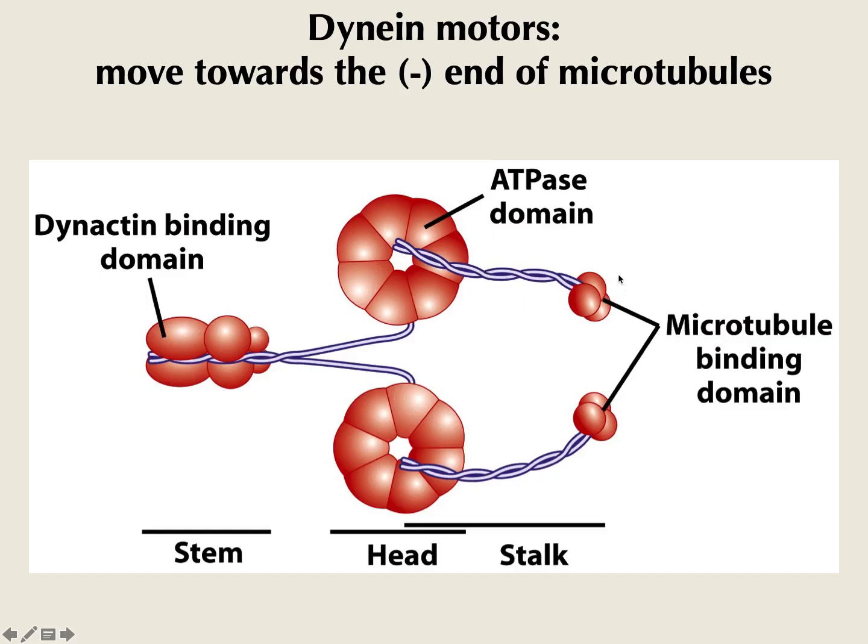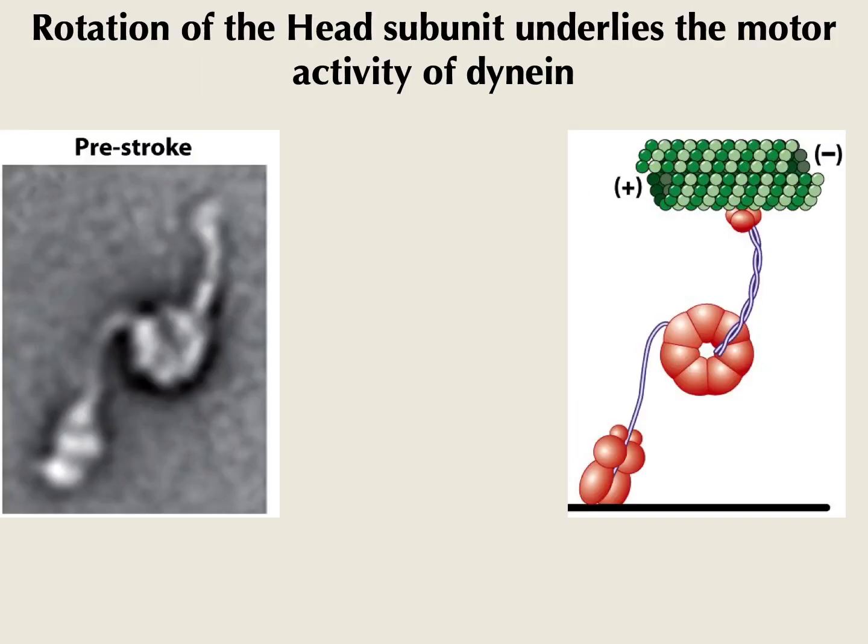It's connected but separate from another domain here called the stalk, and that's what binds the microtubules. And finally, the stem here is what will bind dynactin, which is an adapter for cargo. But by and large, you have the same basic principle: an ATPase domain, a domain to bind the microtubule track, and then something to bind to the cargo or wherever you need to.